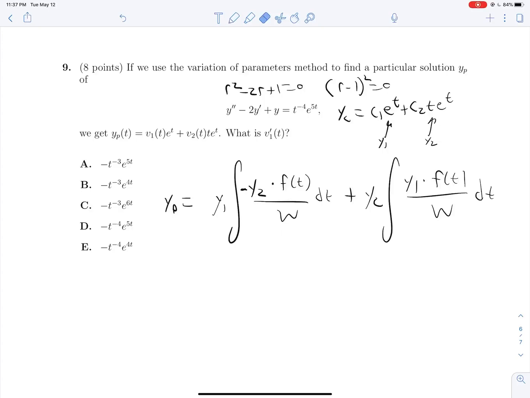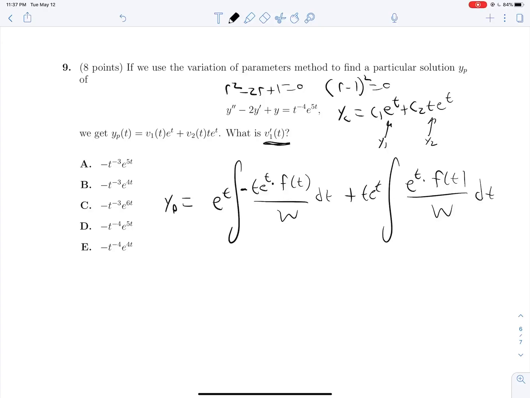That means we can go substituting in here. Y1 is e to the t, y2 is t e to the t, this y1 is e to the t, and t e to the t right there. Okay, so we have to do a little bit more substitution, but we can actually get rid of a lot of this equation right now.